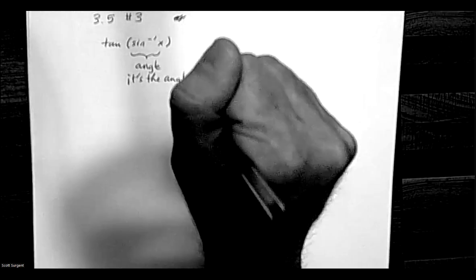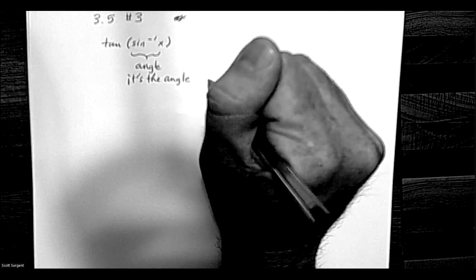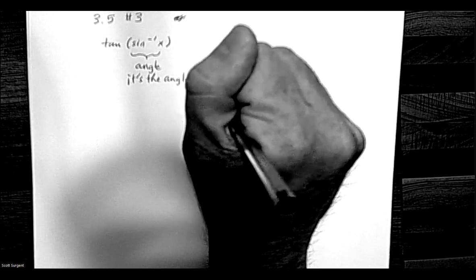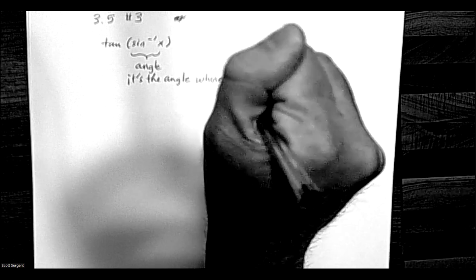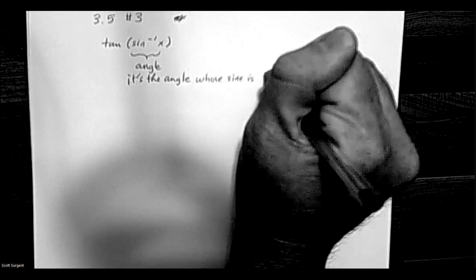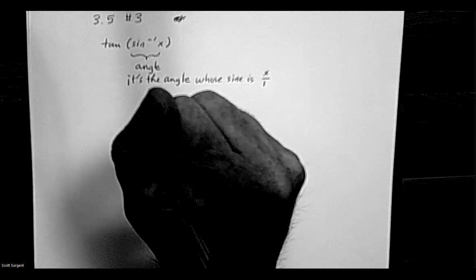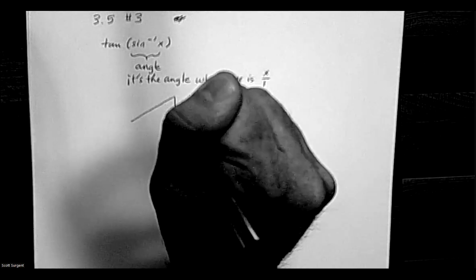So sine inverse of x is actually an angle whose sine is x. And I'm going to write it as a quotient because that's using SOHCAHTOA, the right triangle.